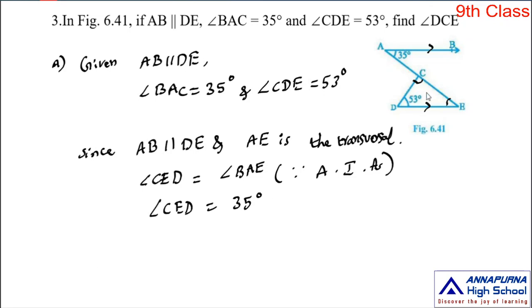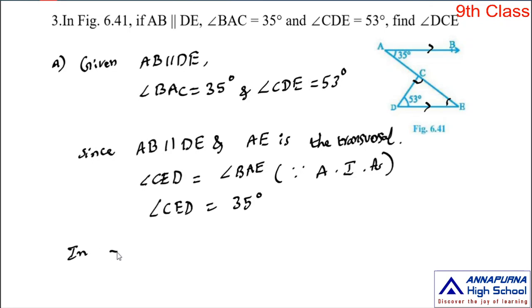See the figure. CDE is a triangle. So by using angle sum property, the sum of all interior angles of a triangle is 180 degrees. So angle C plus angle D plus angle E is equal to 180 degrees by using angle sum property.